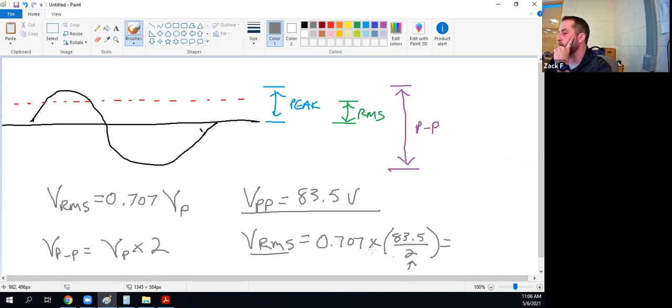So you just solved for V peak, but we want to know what VRMS is. We still have to multiply that times 0.707, right? So what's VRMS? 29.52 volts.